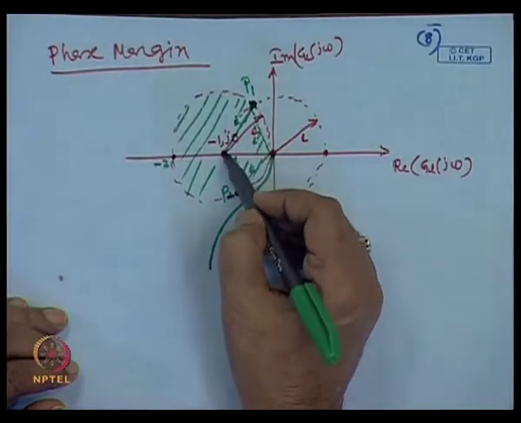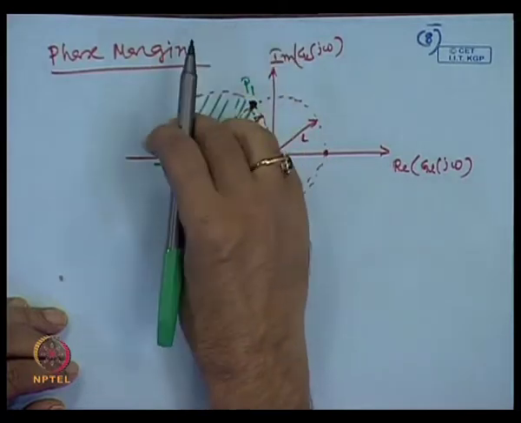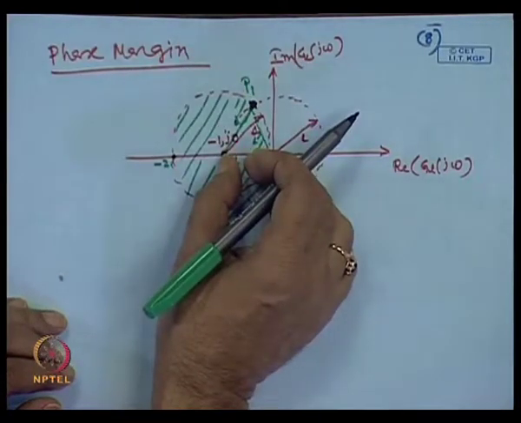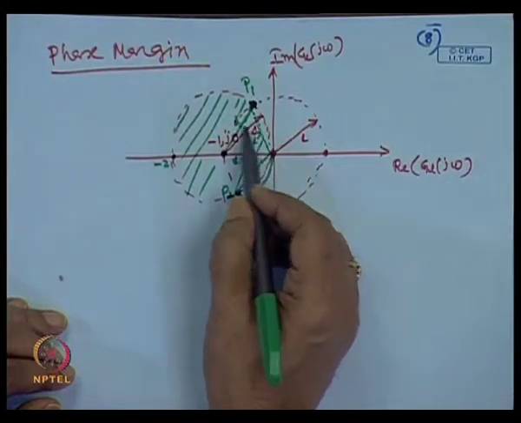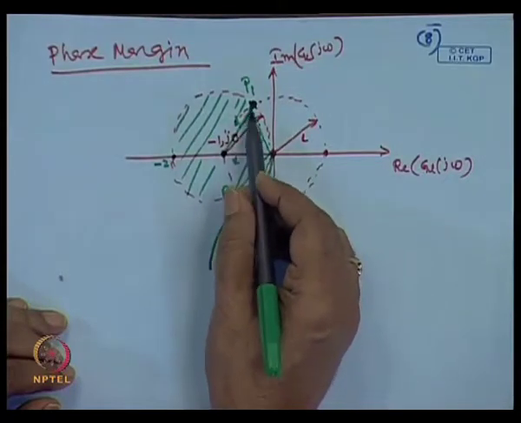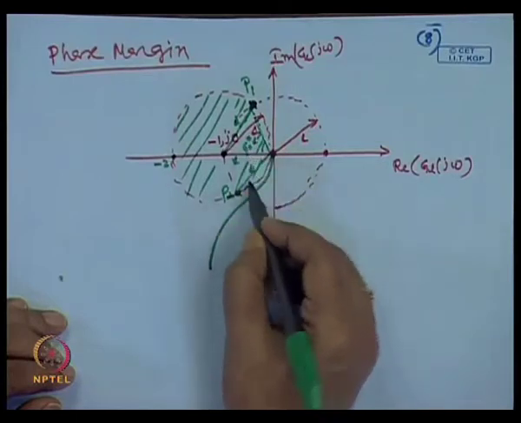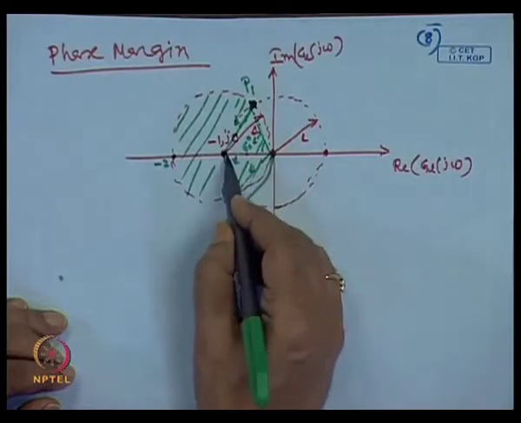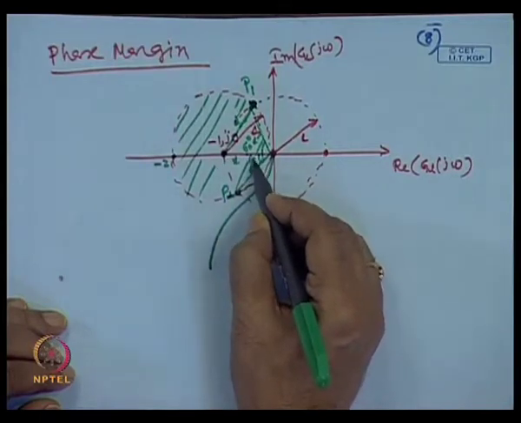Then from P 1 to this point, because we have drawn a circle with unit radius, center is minus 1 j 0, these are all the same length. So, this angle will be 60 degree. Similarly, this length and this length are 1, 1, 1, so this will be 60 degree.